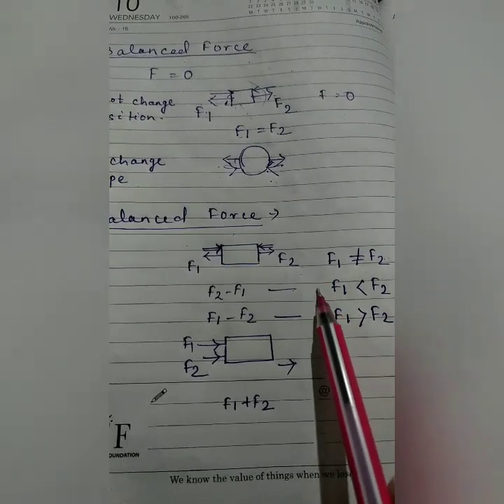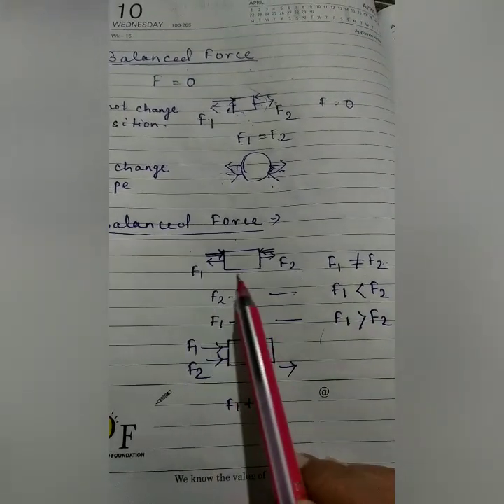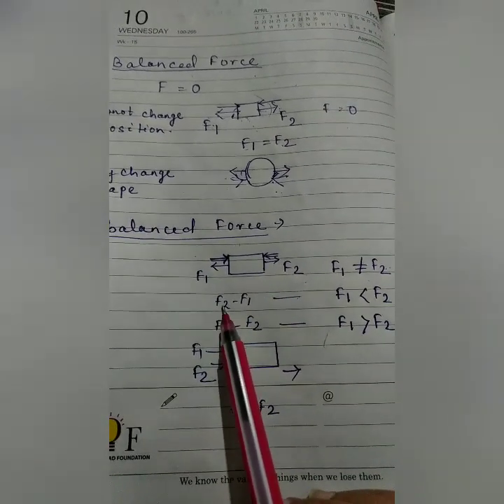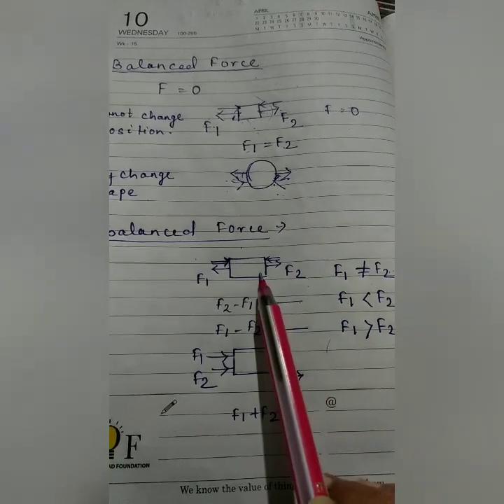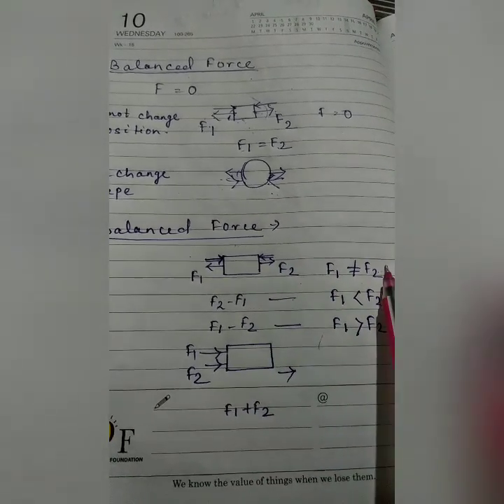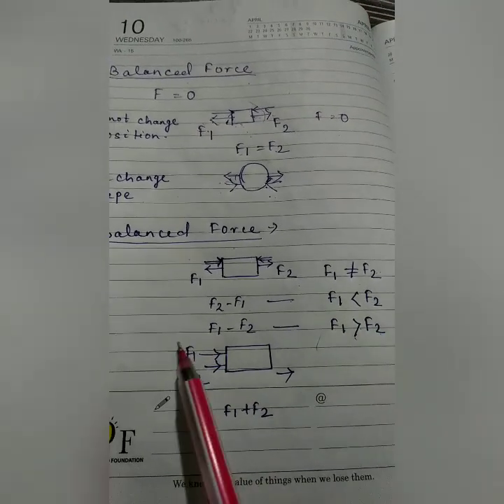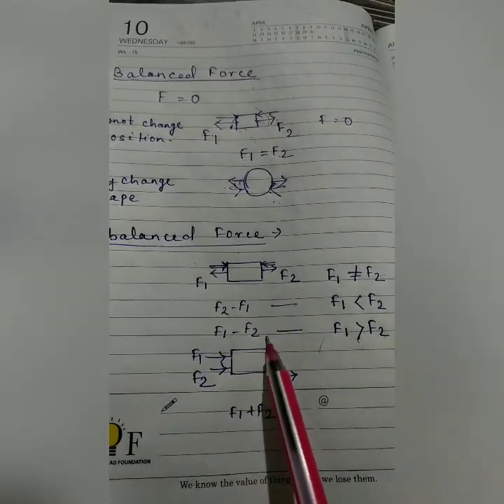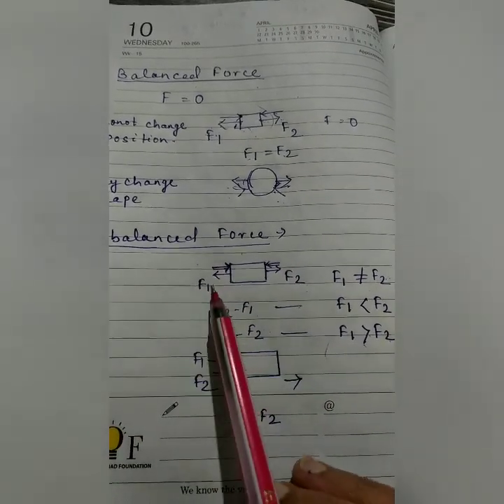When F1 is less than F2, the net force is the greater force minus the smaller force, and the object will move in the direction of the greater force. If F1 is greater than F2, then the net force will be F1 minus F2 and the object will move in the direction of the greater force, that will be F1.